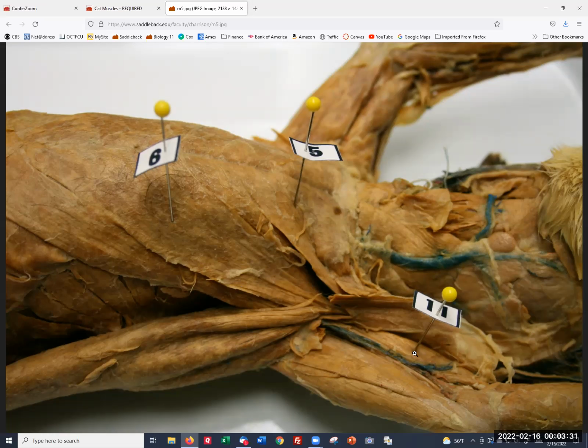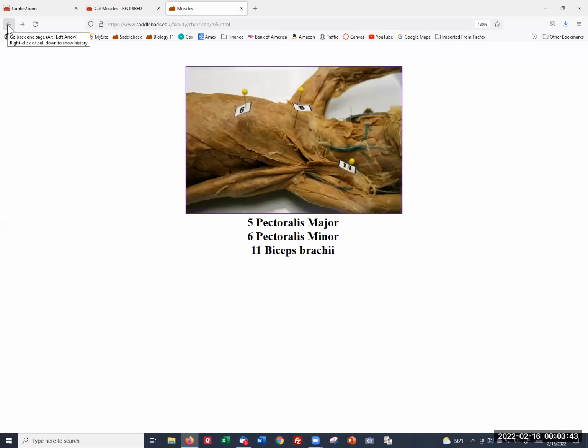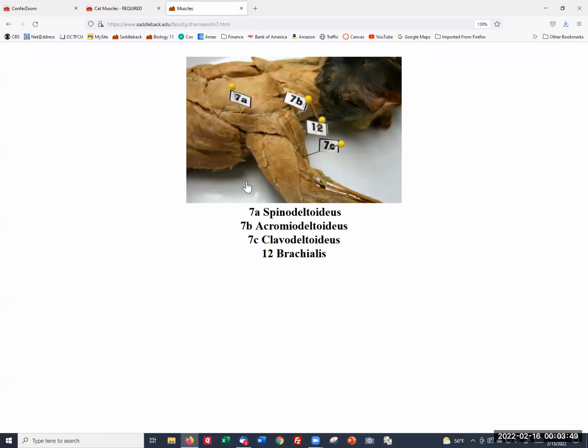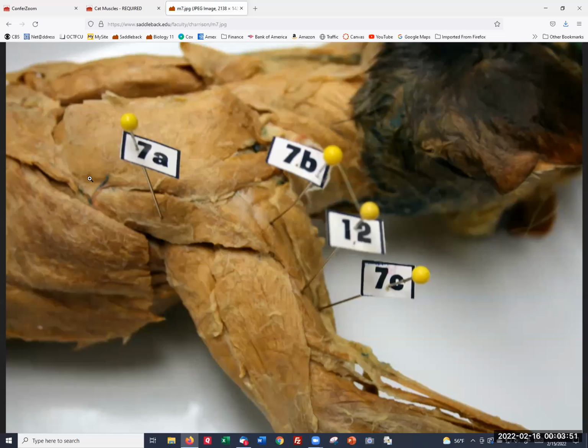This muscle down here, number 11, this is the biceps brachii. We saw the minor, the deltoid. Okay, trapezius was here, here, and here.